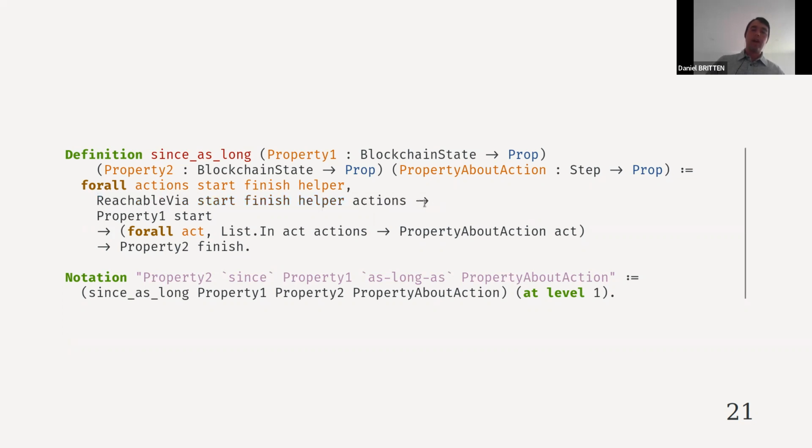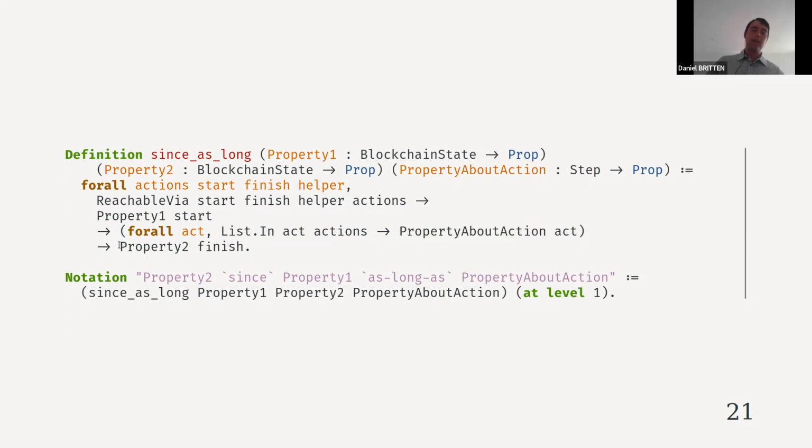So we assume that we have a start, a finish, and a list of actions. And then we assume that some property 1 holds for start. And then we assume that a property about actions holds for everything in the list of actions. So for every act in the list of actions, we have some property about that action holding.